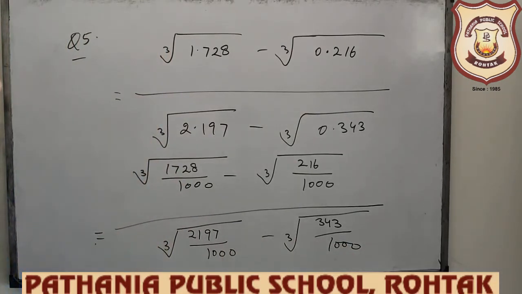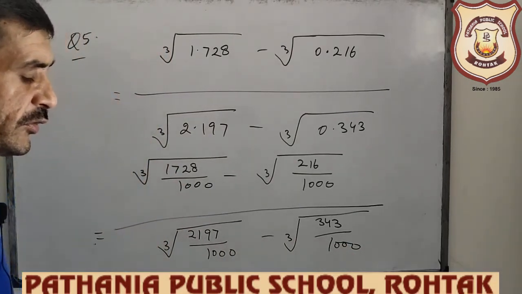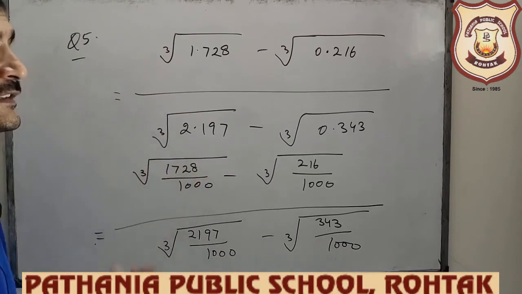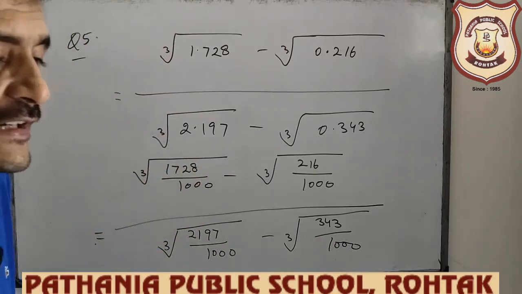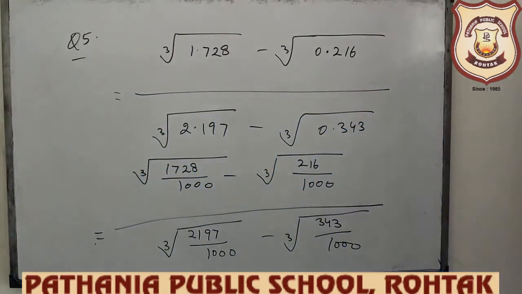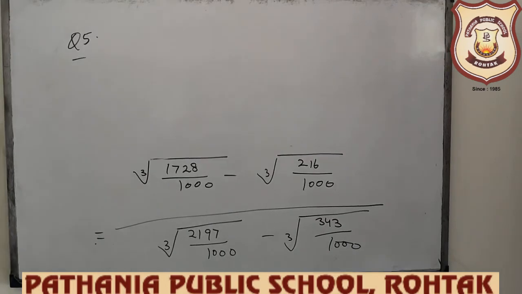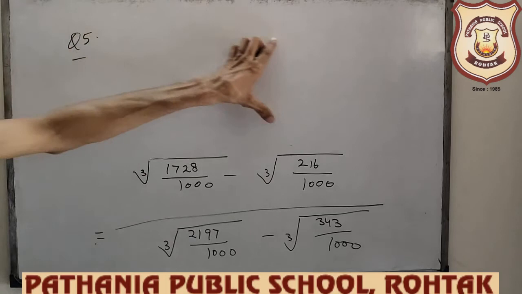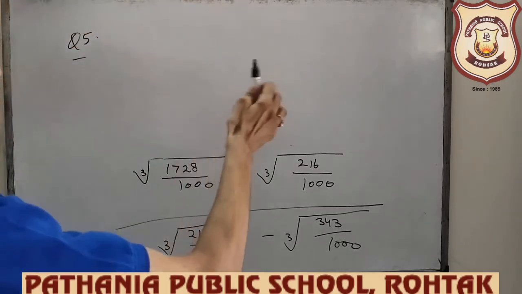Now write the values. If you know the cube root of 1728, then it will take very less time to solve. Otherwise you have to calculate that, and then you can guess. I am writing the next step on this space because space is not there, so I erase that.